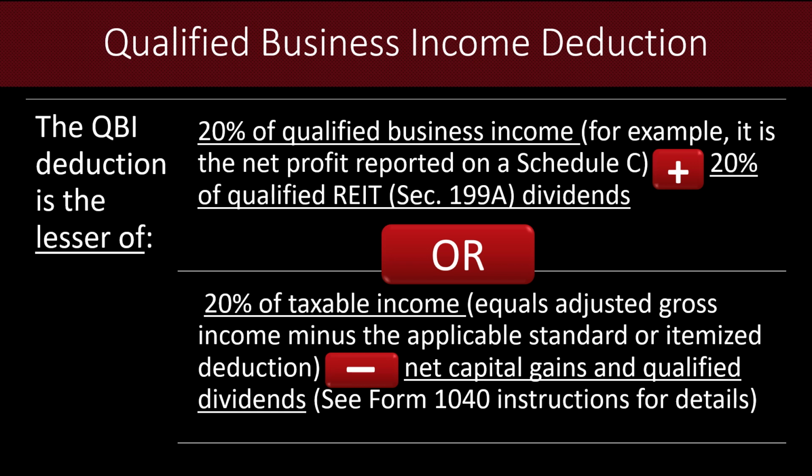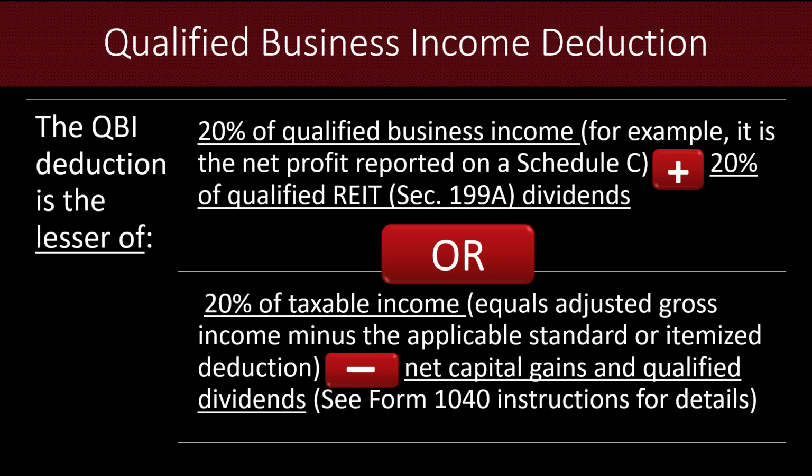So if that's the case, then the QBI deduction is limited to 20% of that taxable income, which is calculated as the adjusted gross income minus the applicable standard or itemized deductions. So those come out of that calculation as well.